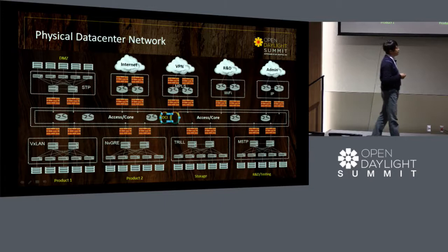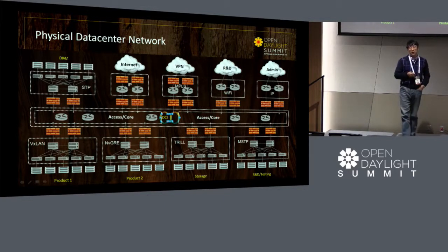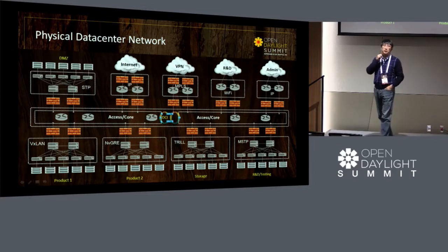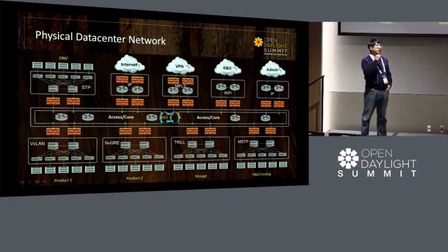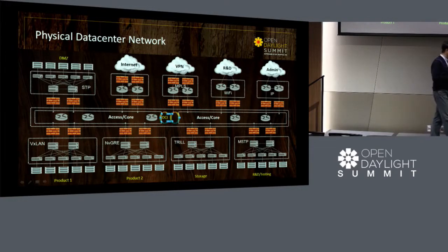You can see this physical network has a lot of technologies, a lot of domains. It is exactly like the current keynotes, where we can see we are talking about a lot of controllers: SDN controller, SDN WAN.